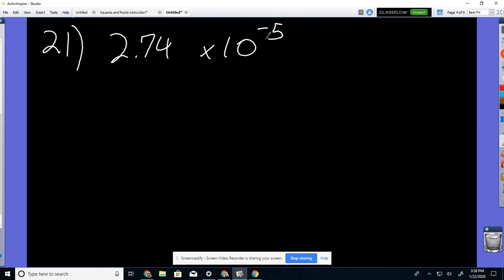That means we're moving that decimal place to the left, because a negative exponent above that 10 means we're multiplying by tenths, and that is going to shrink this number a lot. So we're going to move our decimal place to the left 5 times. That's going to move us once past the 2, and then we're going to need 4 more placeholders for those 4 additional movements.